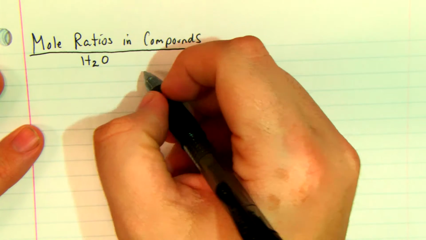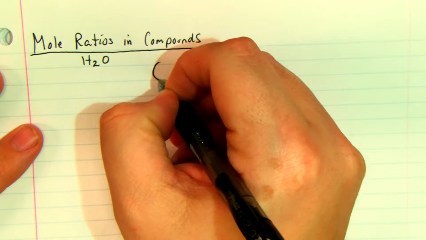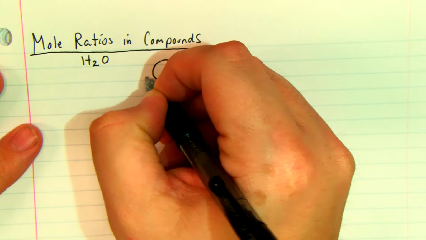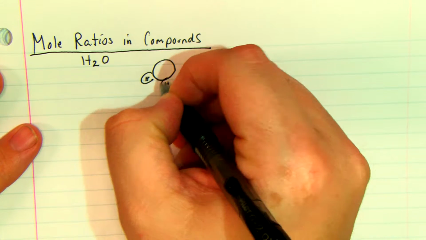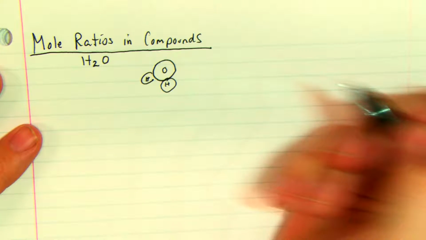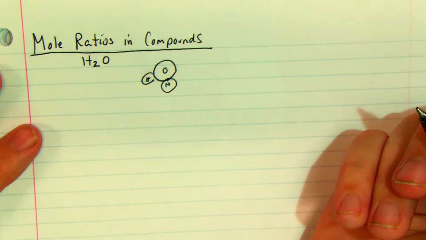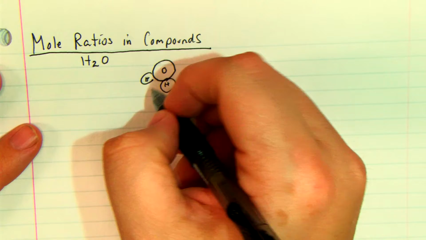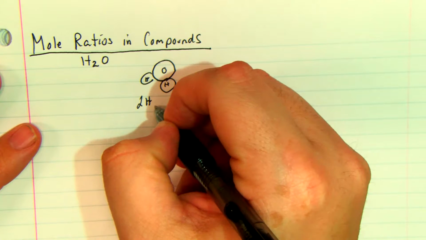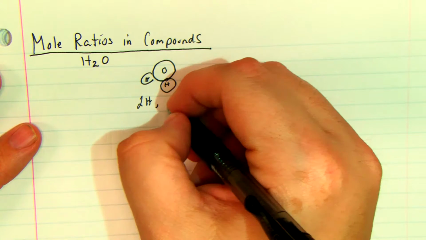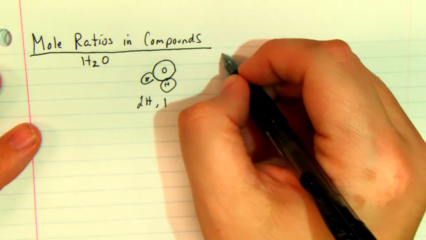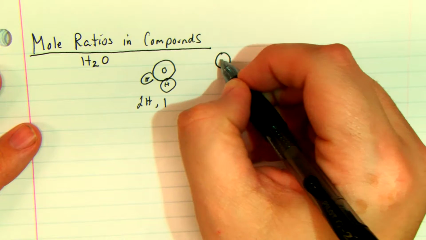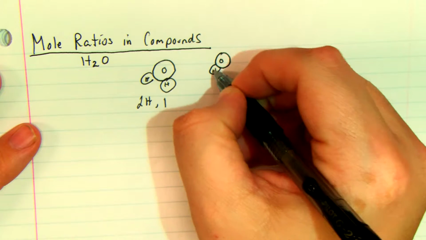In water, you have an oxygen, and then you get a couple hydrogens that are tied to it. So there's an oxygen. So if you have one oxygen molecule, how many hydrogens do you have? Two. So there are two hydrogens, and how many oxygens are there? There's one. But if I put another one up there, that's a hydrogen, that's a hydrogen.